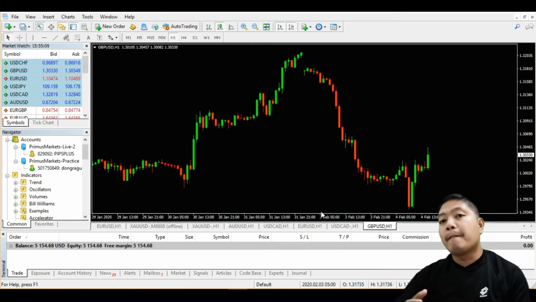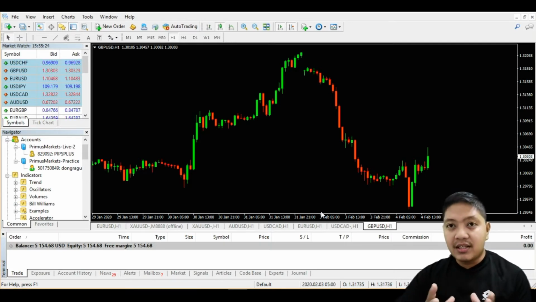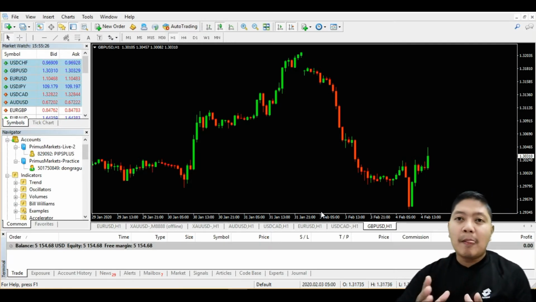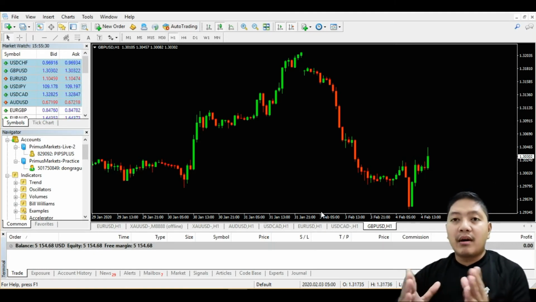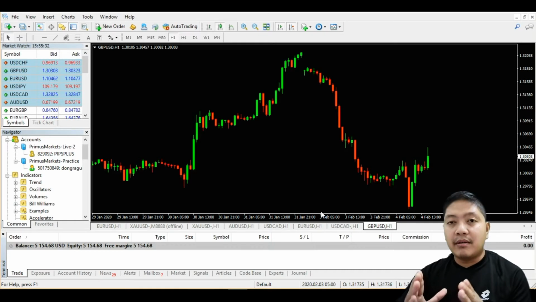Next, I am also looking at the news, so I combine fundamental and technical analysis. Mainly the news, because the market moves very fast when there is news, right? So this is up to you how you define your trading on particular currency pairs, right? Define your entry on every trade that you have.